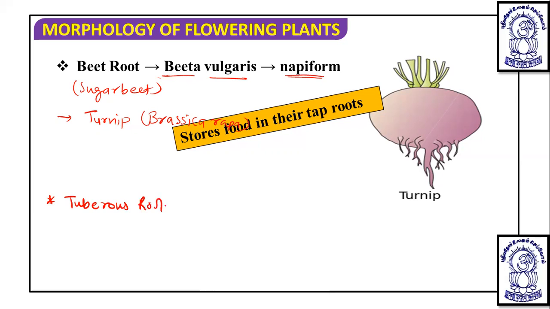And when we talk about a tuberous root, then this root does not have a regular shape. These roots are of irregular shape.